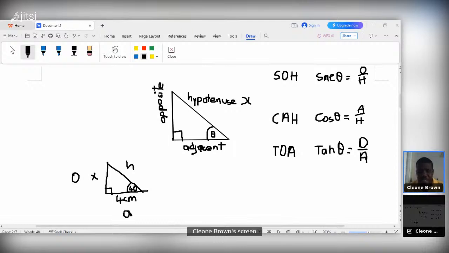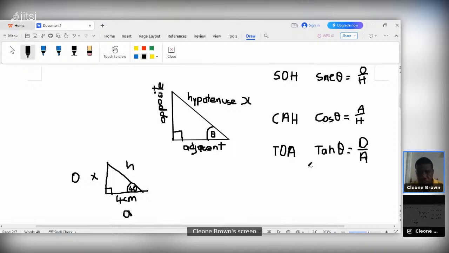All right, so if you're saying that we're using tan, then you would be correct, because we're trying to find the opposite side, so that's a part of what we need. We have the length of the adjacent side, and we have the reference angle.